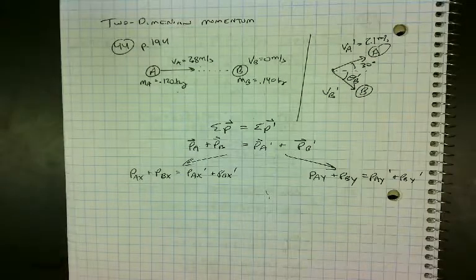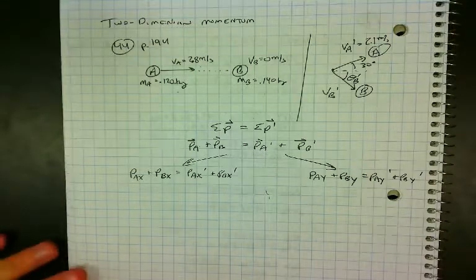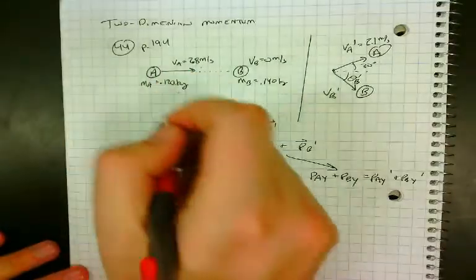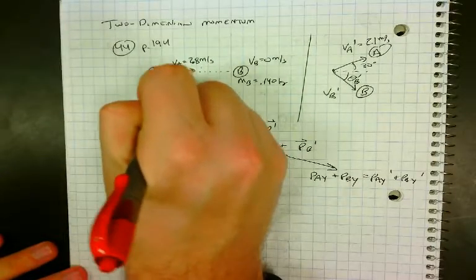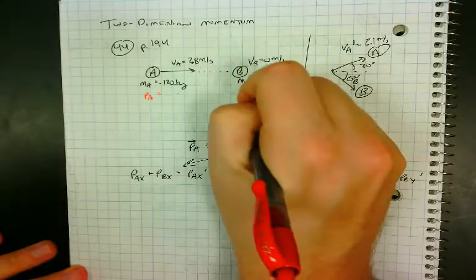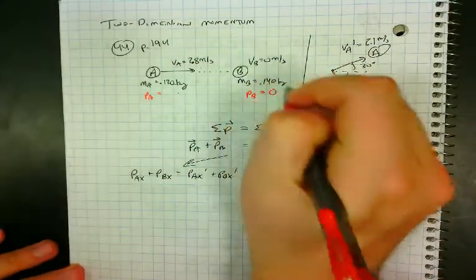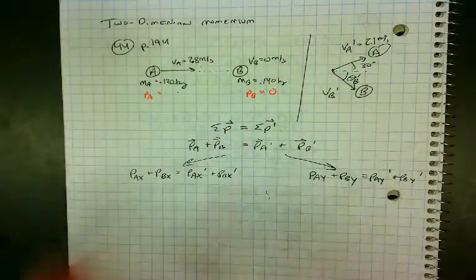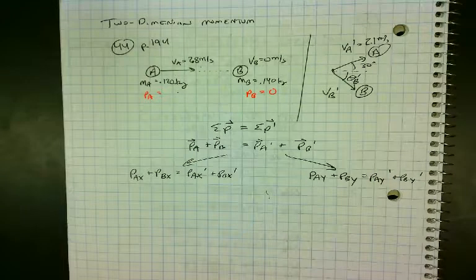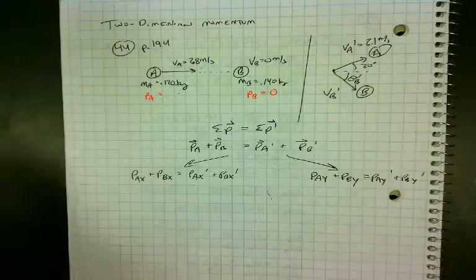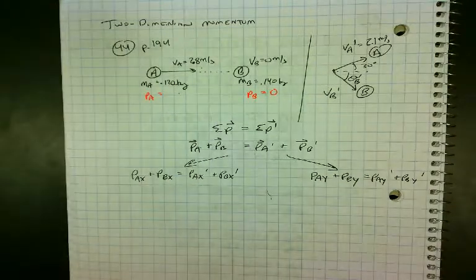Okay, now let's talk about these. We've got to be talking about momentums. So up here I'm going to calculate what my PA is. And we know that since VB is 0, our PB is also 0. Now I could plug in numbers here, but I'm going to pull out a calculator to save us from making this problem too big of a mess.